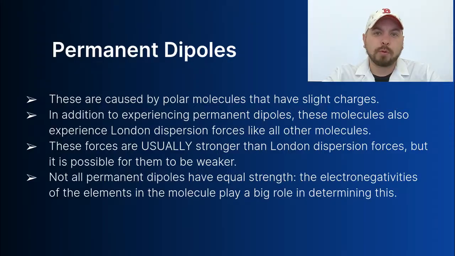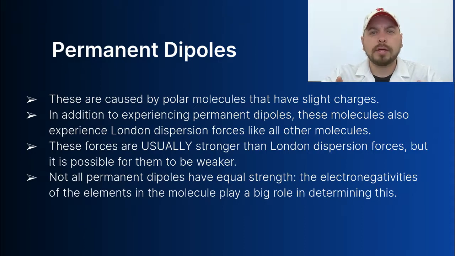The next force that we want to look at is going to be created not by temporary dipoles, but by permanent dipoles. Permanent dipole moments are going to be due to uneven distribution of electrons due to electronegativity differences in a polar molecule. So if we've identified a molecule as polar, it will experience dipole-dipole forces in addition to the London dispersion forces, which we just talked about in the last moment.